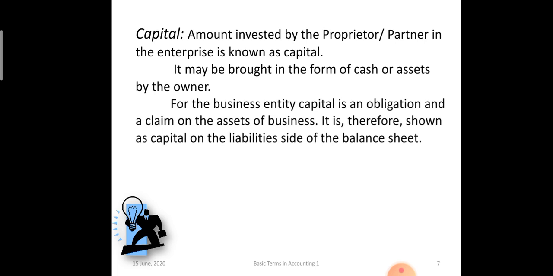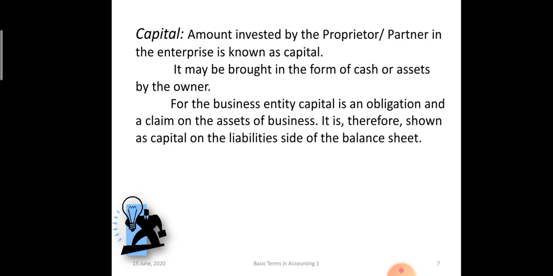In the next chapter in accountancy we will be studying a principle known as the separate entity concept, and according to that concept business and owner are considered as separate, and the capital is considered as a liability of the business towards its owner.